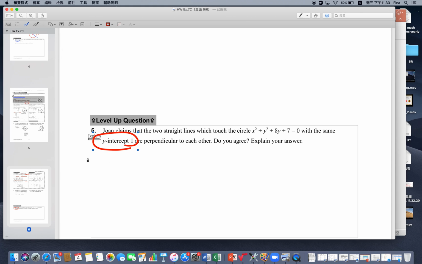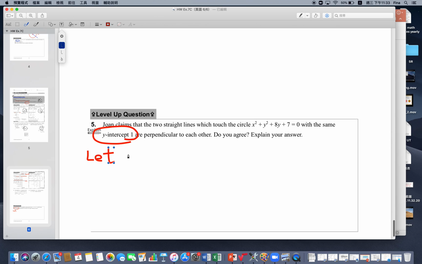First of all, you may let the straight line be y equals mx plus the y-intercept. I don't know the slope, but it doesn't matter, I just let m be the slope.